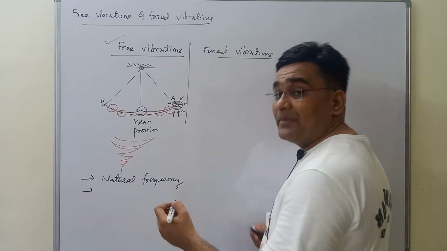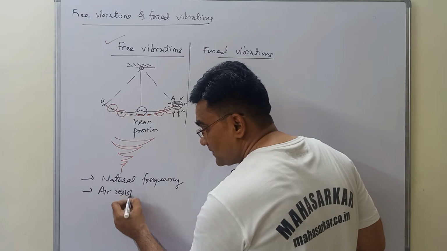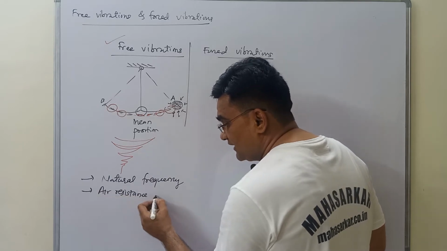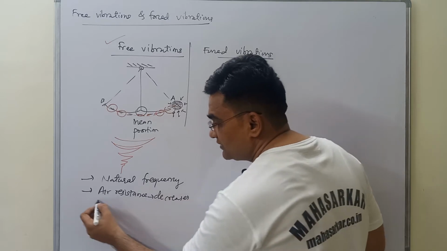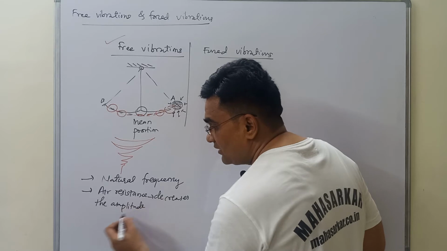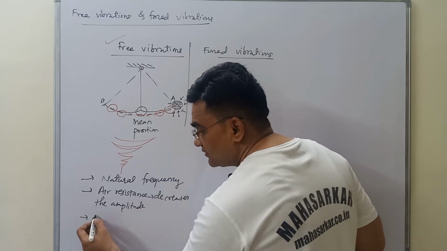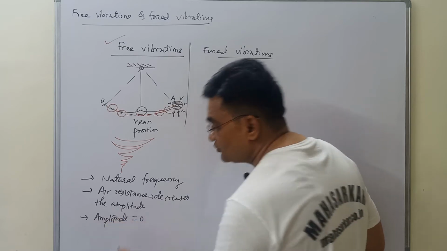Here in the free vibration, the air resistance helps to decrease the amplitude of vibration, and after some instant the amplitude is going to be zero. The amplitude of vibration is going to be what?